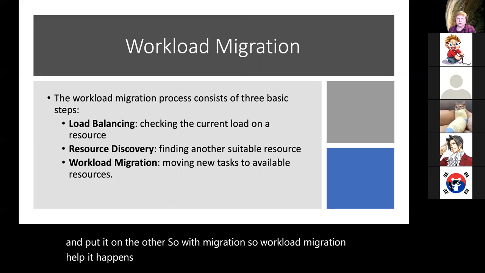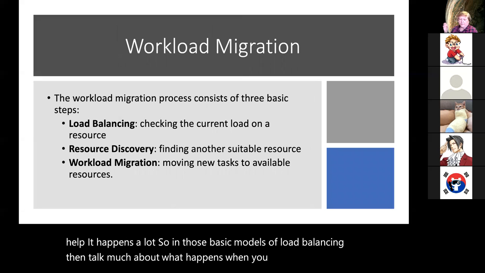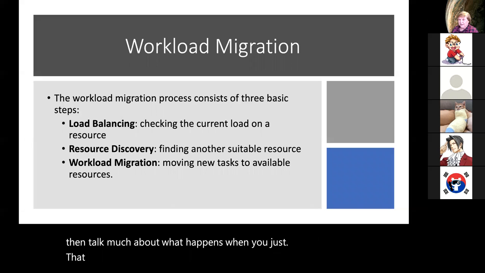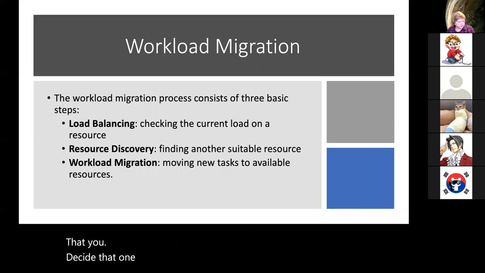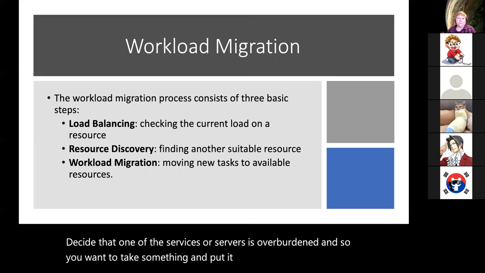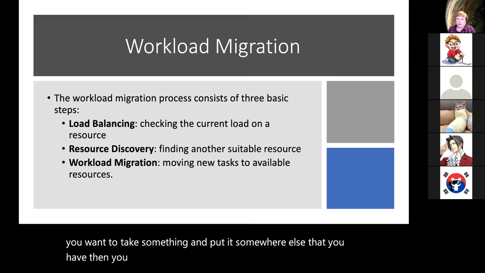In those basic models of load balancing, they didn't talk much about what happens when you decide that one of the services or servers is overburdened, and you want to take something and put it somewhere else that you have. They didn't really talk about that. It was just in how you were dishing it out.